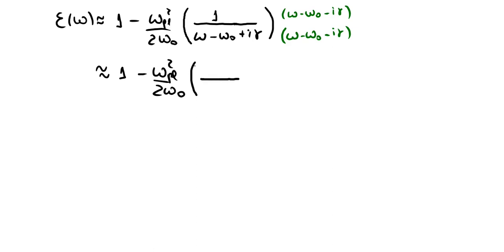Then there will be two terms. One term is the real part, that is omega minus omega 0, that comes from here, over the denominator, which is omega minus omega 0 squared plus gamma squared. And you have a term that is minus i gamma, that's the one that comes from here, and the denominator is the same.